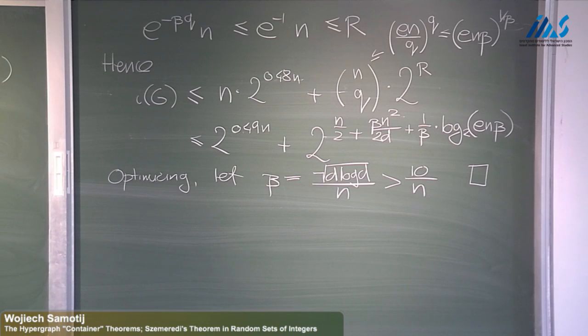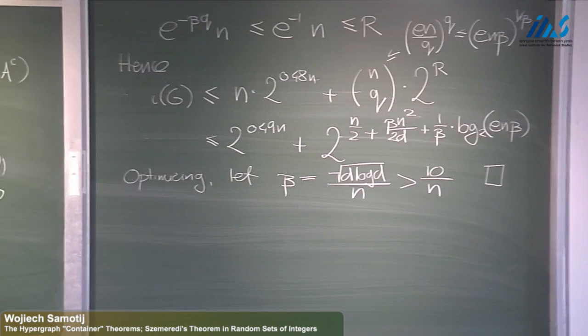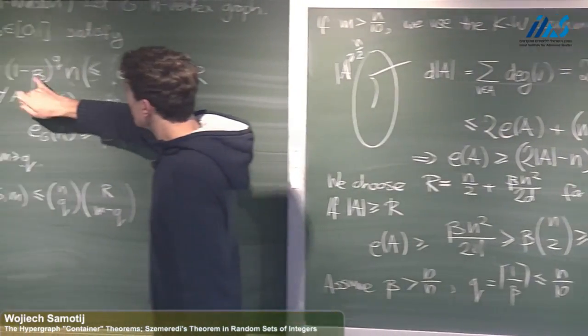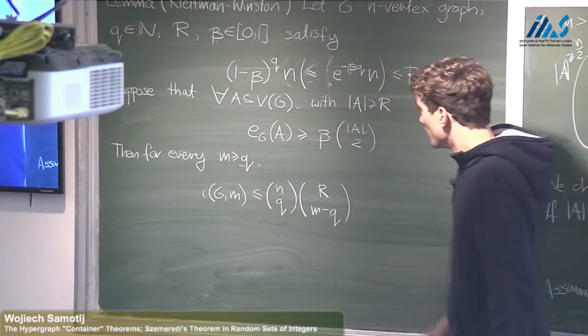In other words, this condition is satisfied, so we can conclude this bound if we choose Q large enough so that this condition holds. This condition will depend more or less only on beta, because R is around n over 2. So here roughly we need Q to be of order 1 over beta.